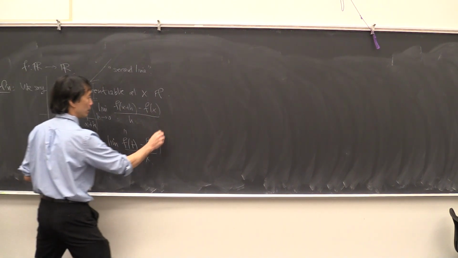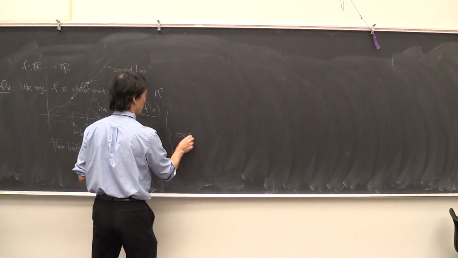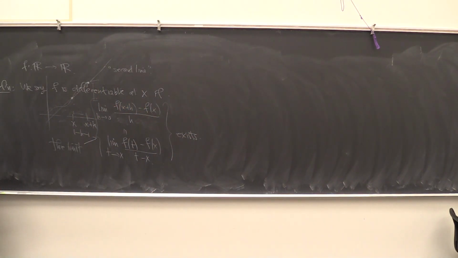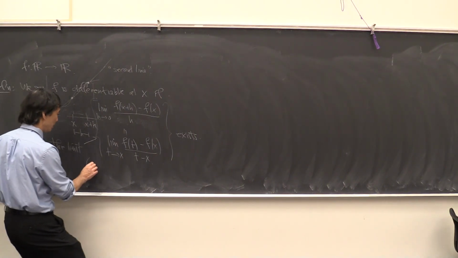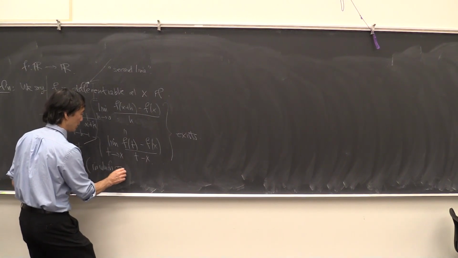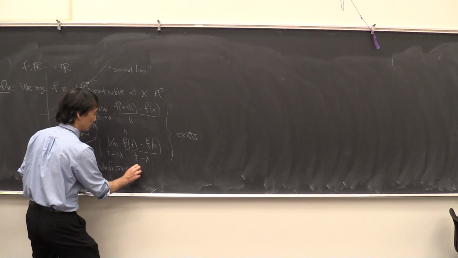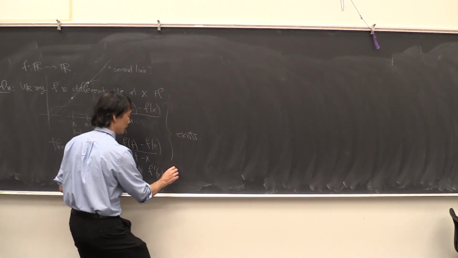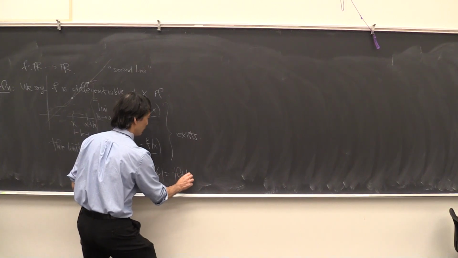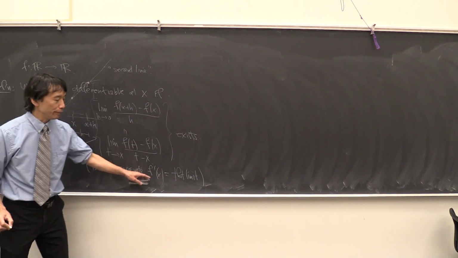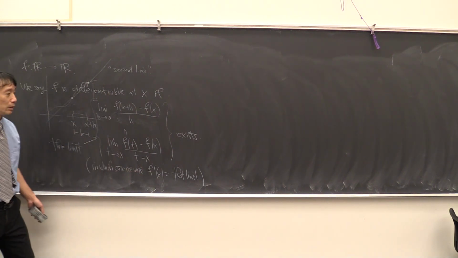Those are the same limit, so I'm just going to say the limit exists, in which case we write f prime of x is that limit. The derivative of f at x is going to be that limit.